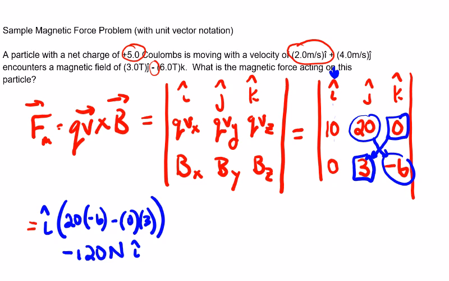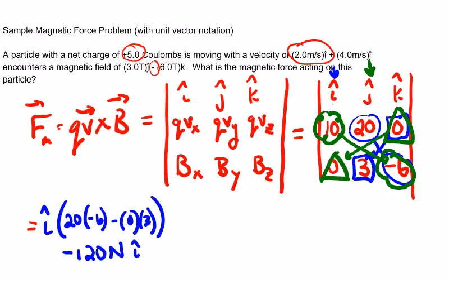I'm going to change colors again so you can kind of see what I'm doing. So now I'm trying to find the J. I'm going to be covering up this column, and I'm going to take this number times this number. So we're skipping this middle column, and then subtract this number times this number. Now that one's really easy because that's just 0 minus 0.